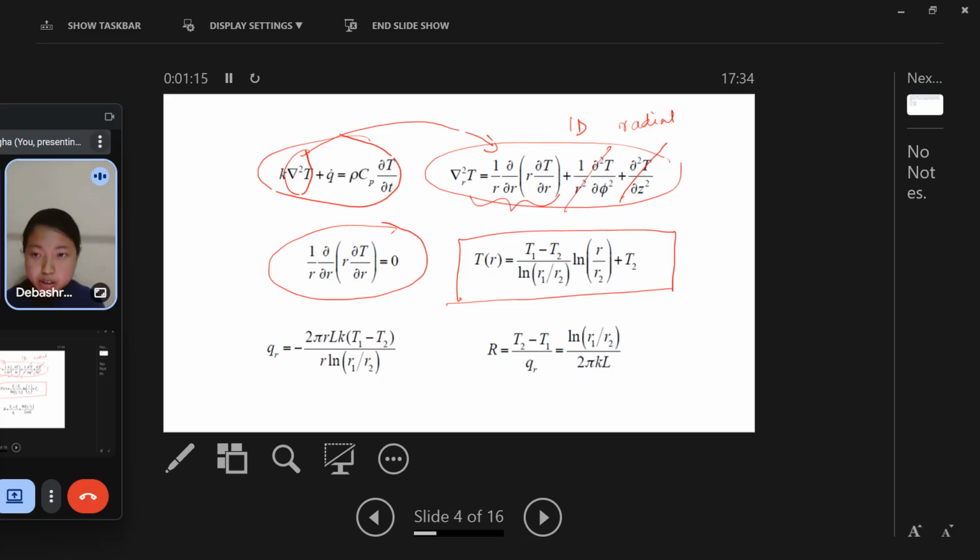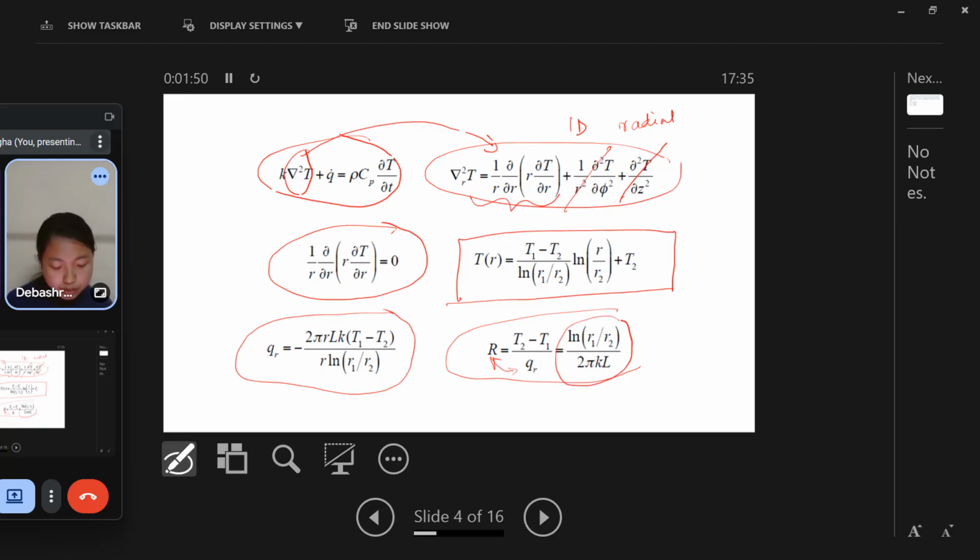And then the heat rate Q, you can determine by this formula: 2 pi R into L into K into (T1 minus T2) divided by R ln of R1 by R2. Resistance is equal to (T2 minus T1) divided by Q, or Q is equal to (T2 minus T1) divided by resistance R. So both of them are inversely proportional.